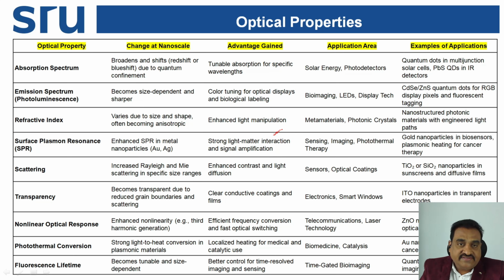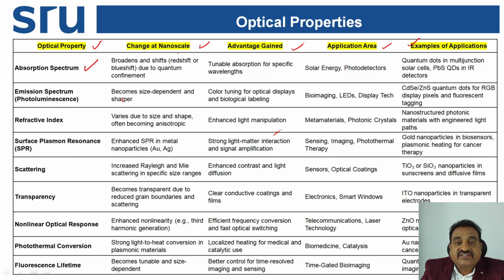Optical properties. This shows the optical property change at nanoscale, advantage gained, application area, and examples of applications. So this is the absorption spectrum property. You see here it broadens and shifts.